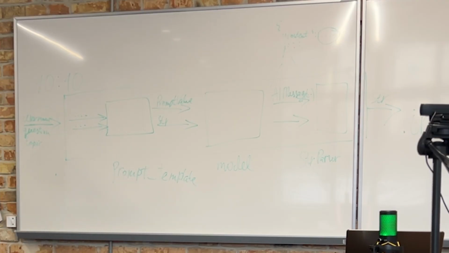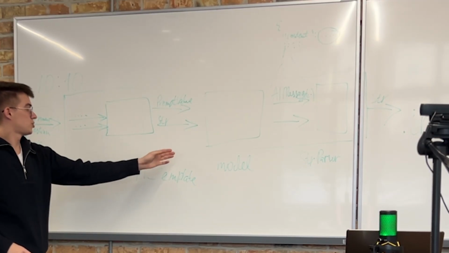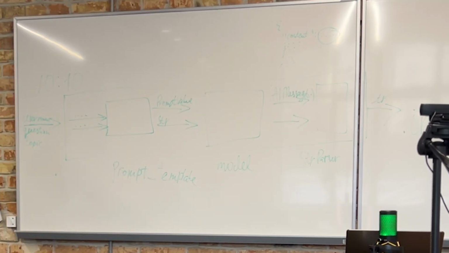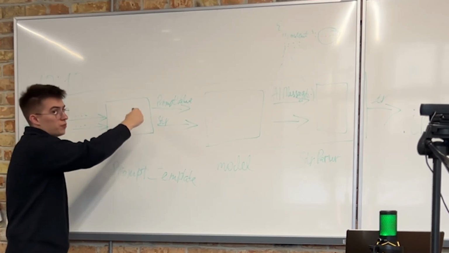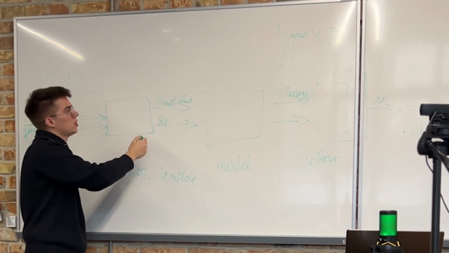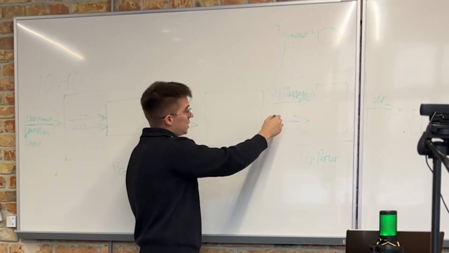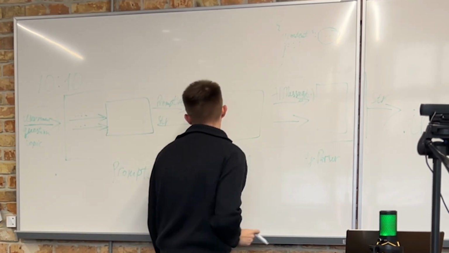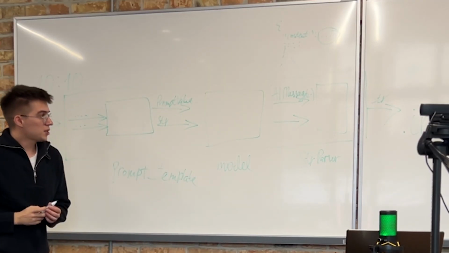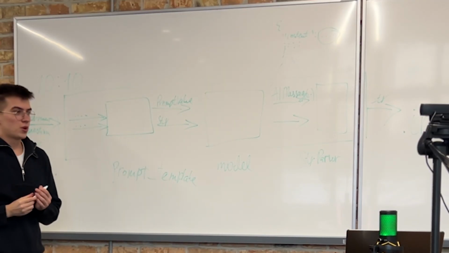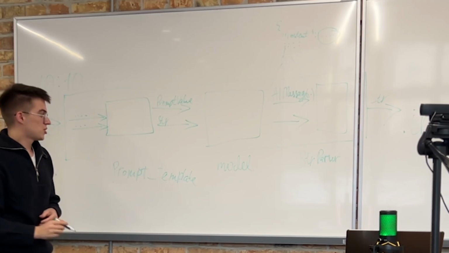But how can we do that in code? We have these different prompt, model, and parser, and we need somehow to unite them. We need to tell that the output of one runnable is the input of the next one, and so on. In LangChain, we have very cool syntactic sugar: the pipe notation.